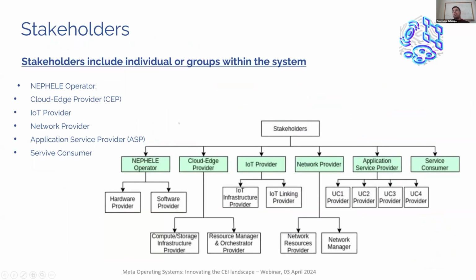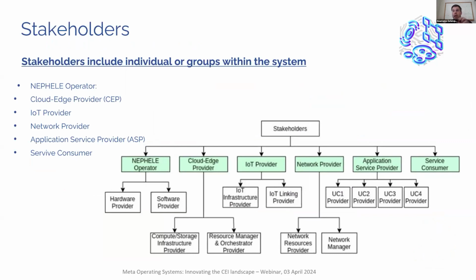Now, coming a little more to the orchestration domain, we have tried to develop an architectural approach for meta-orchestration. To reach this point, we have identified the various stakeholders that may cover different aspects of the continuum, and in some cases, there may be some overlappings.